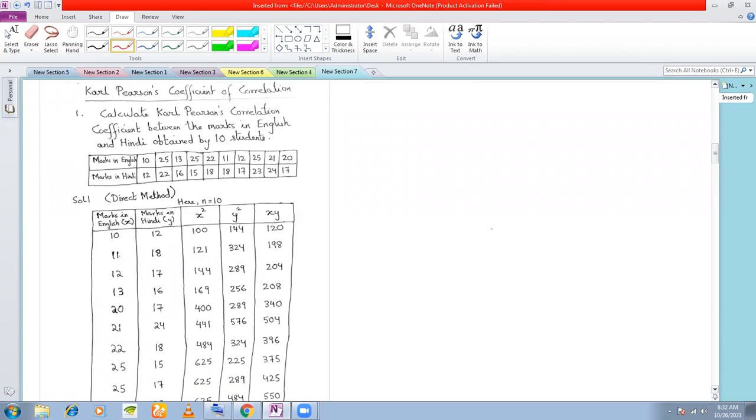Next is Karl Pearson's coefficient of correlation. This is the first method. Now, there are 2 methods of studying the correlation coefficient.